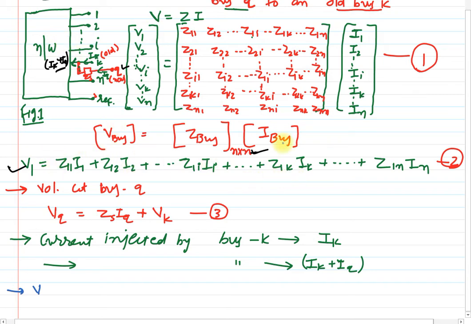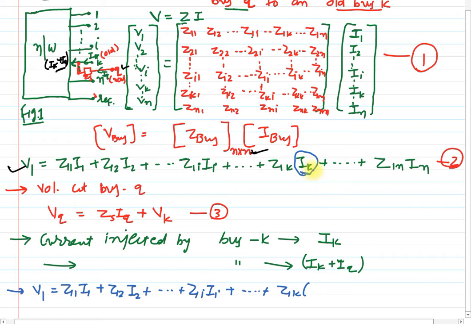Here, previously it was only Ik, but now the Ik will become Ik plus Iq. Clear? So I can write over here V1 is equal to Z11 I1 plus Z12 I2 plus Z1i Ii plus, now the change, which is Z1k.